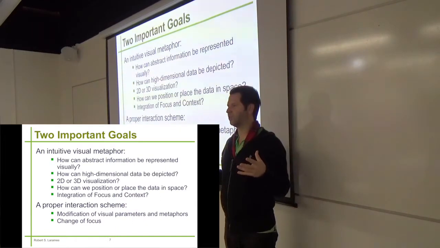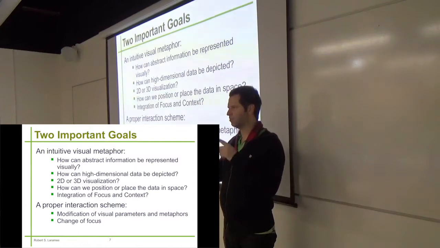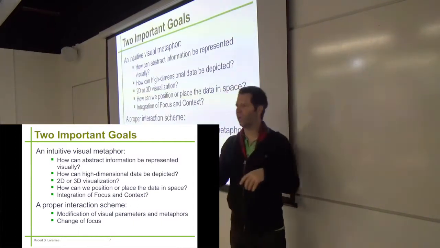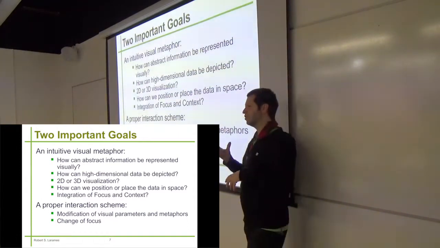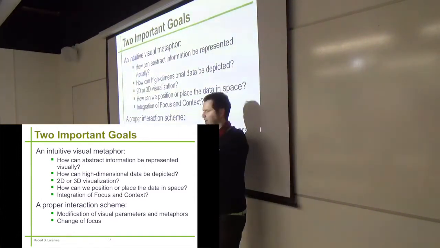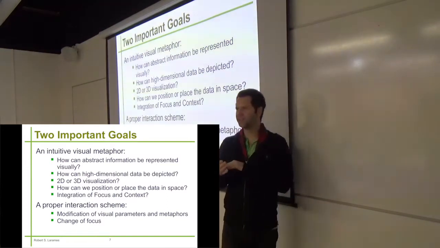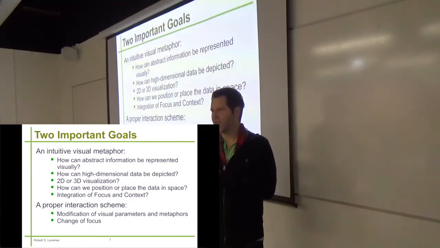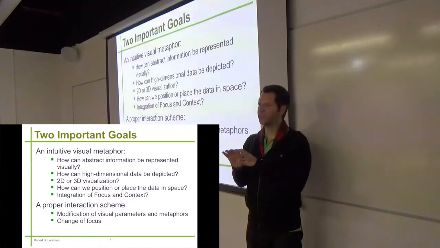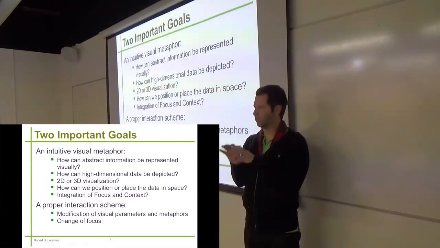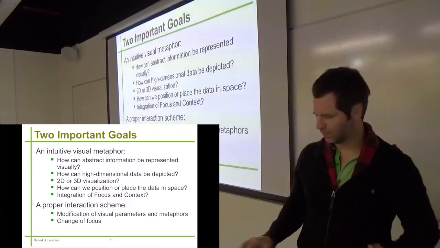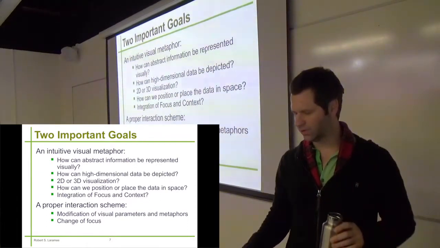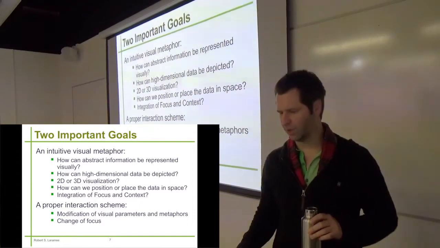Offer the user different ways of selecting subsets and filtering the overview. And then also provide details on demand. When the user has decided on a subset they're more interested in, they can ask for the details, like the original underlying data for that special selection that they've decided is very important. That's always the approach.